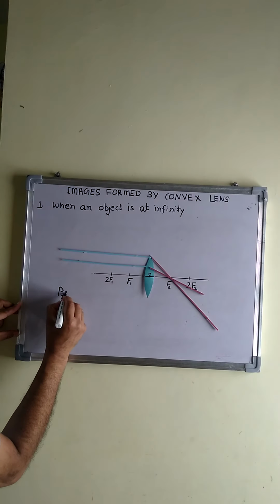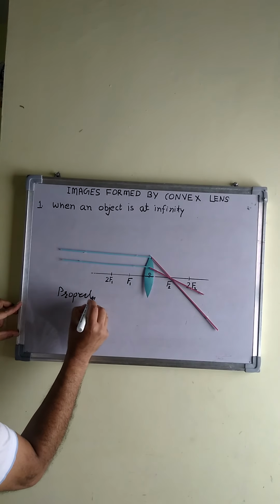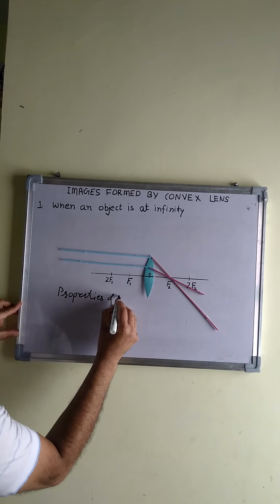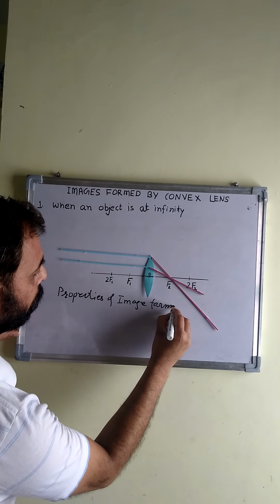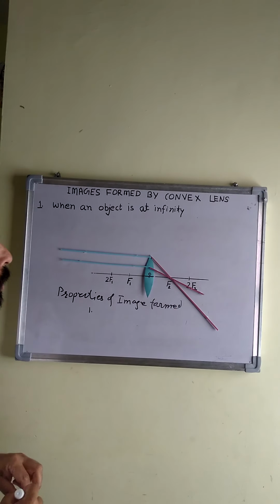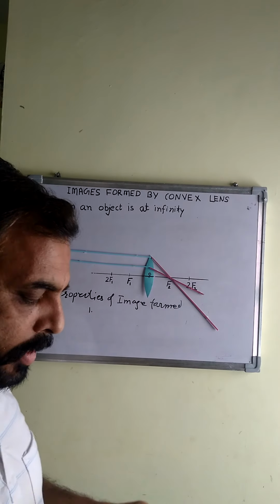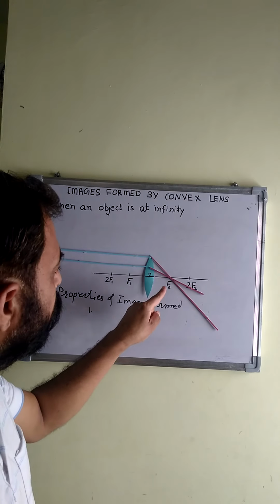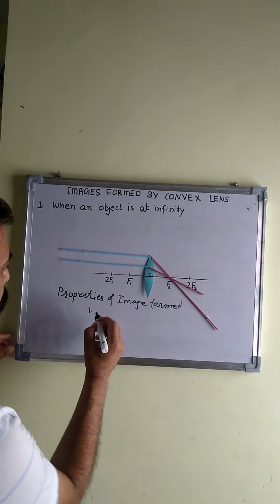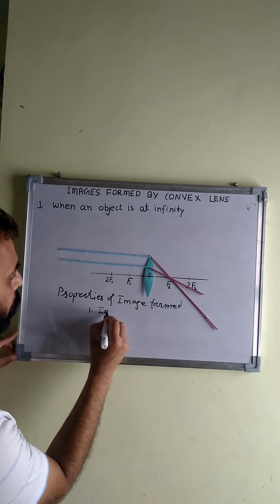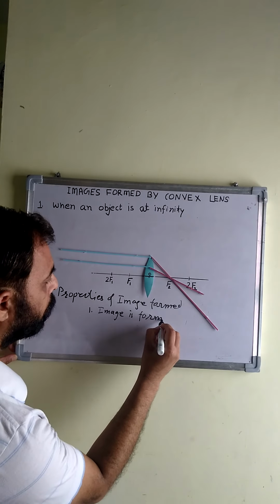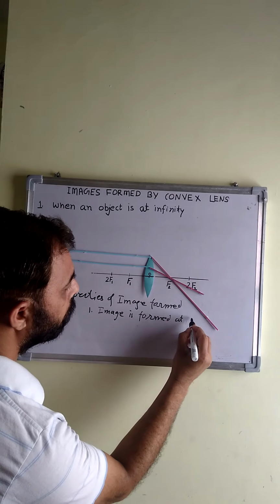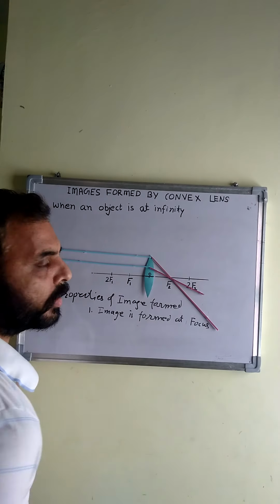Properties of image formed. Number 1. The first property is where image is formed. Image is formed at focus.